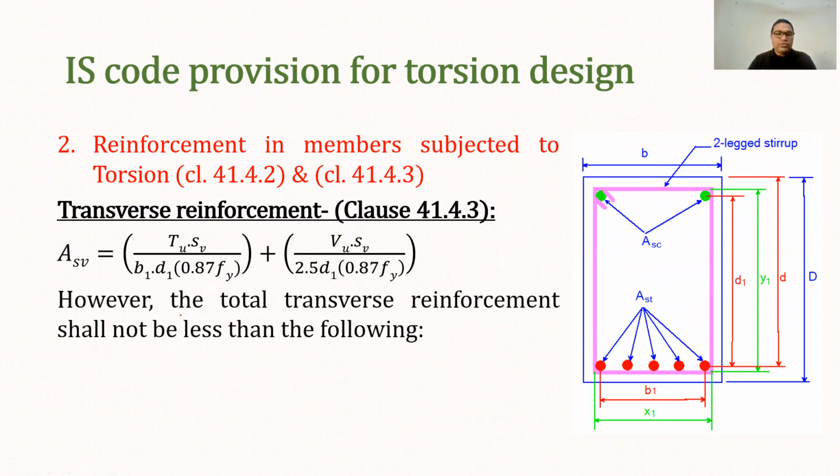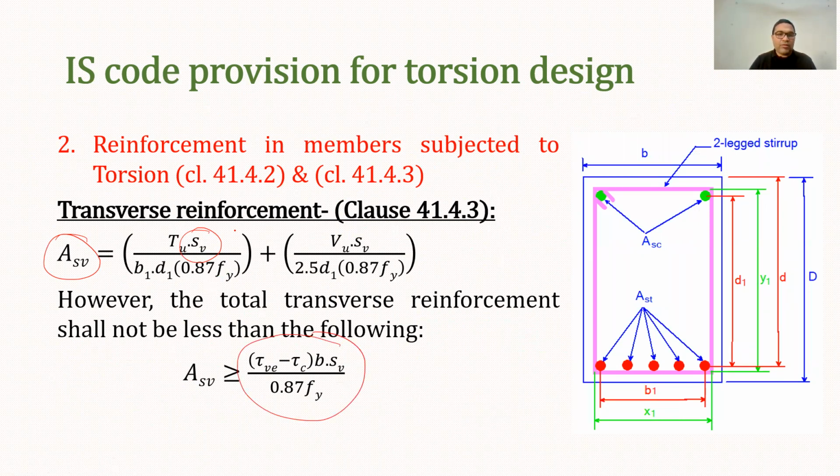Now, when we are able to find the spacing with this relation, we also need to check the minimum requirement based on the IS code. The IS code recommends that the value of ASV, sorry, not spacing, the value of ASV should be more than this value.